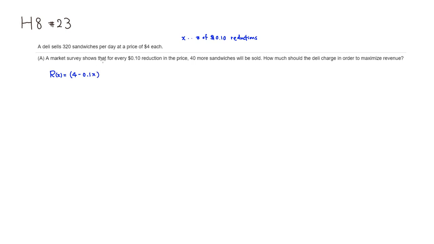The number sold: at the base price you can sell 320 sandwiches, but every 10-cent reduction you can sell 40 more, so it's 320 plus 40x. So this is our function.